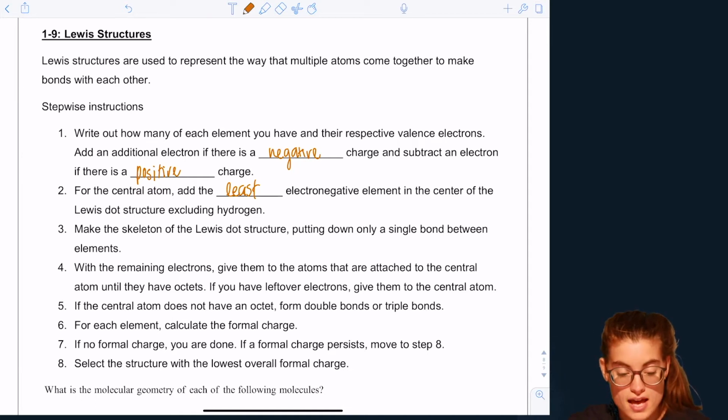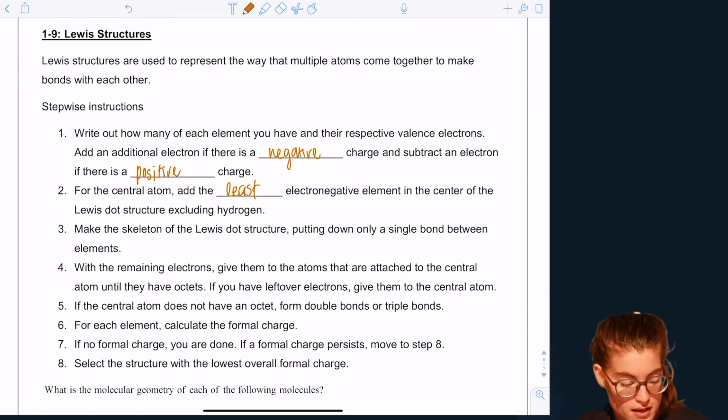So for the central atom, add the least electronegative element, which makes sense because typically the central atom makes the most bonds, and therefore you want an atom that's actually going to share the electrons and not be greedy like those super electronegative elements like oxygen. Typically that's not a central element because it's so greedy.